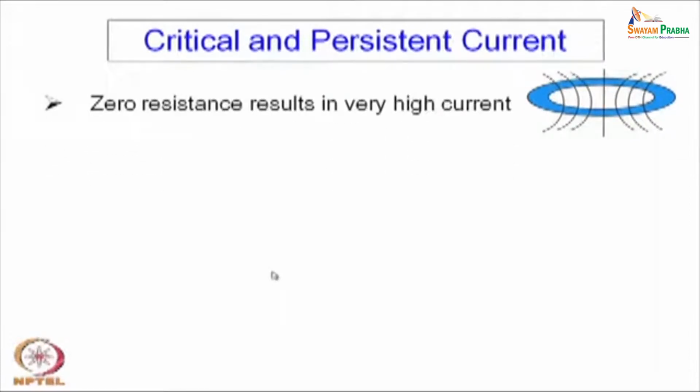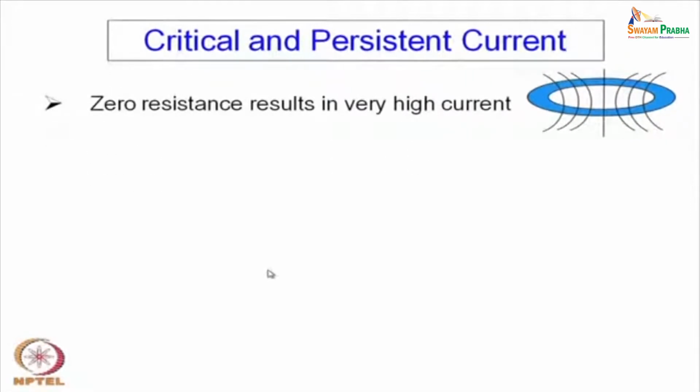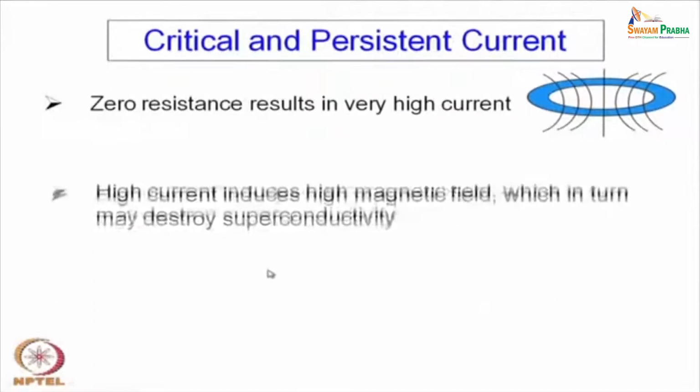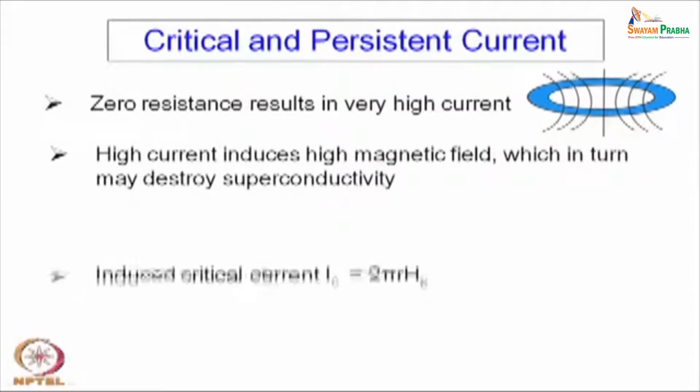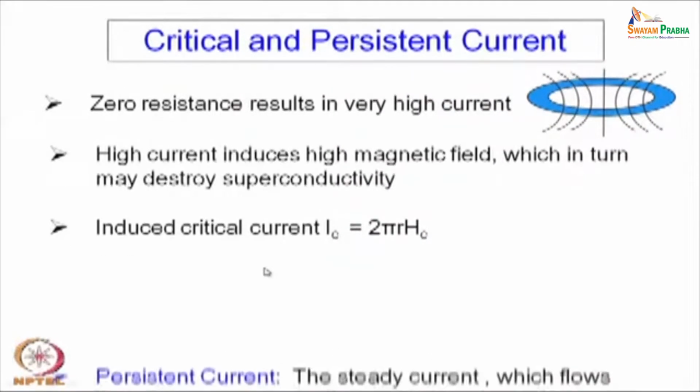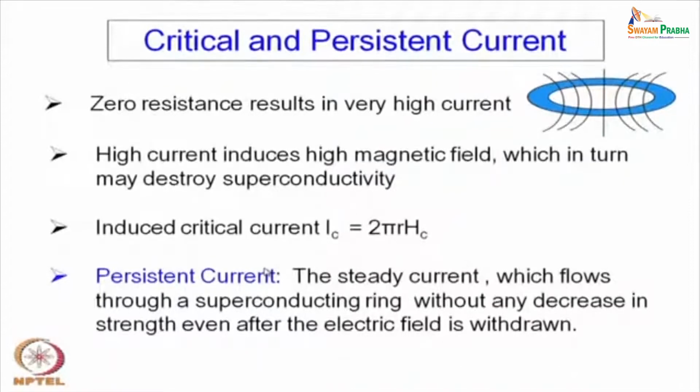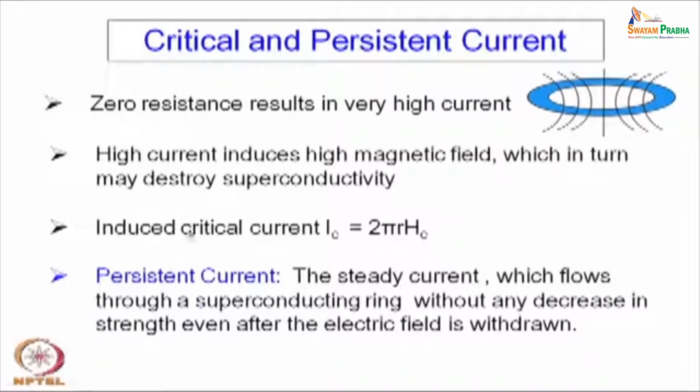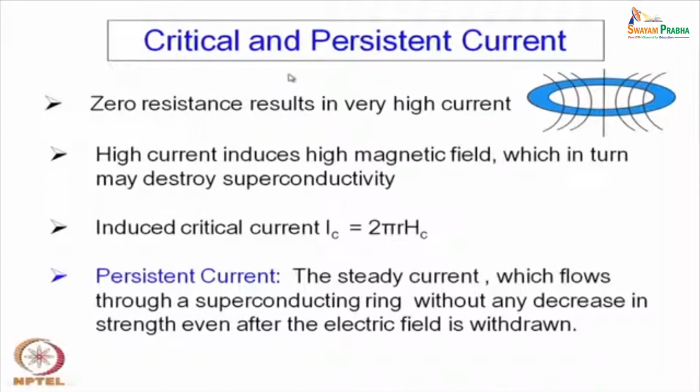Well, in addition to critical temperature, there are a few other behaviors that must be understood. For example, there are two critical parameters, one is the critical and persistent current.